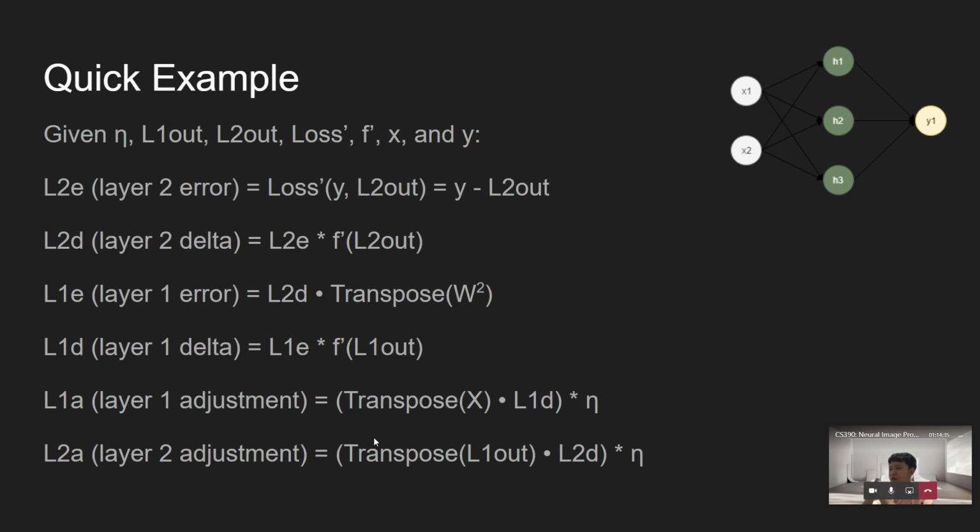Can you clarify what exactly the delta and adjustment mean, and why we are looking for them? Error, I understand, but delta and adjustment, I'm a little bit confused. Yeah. So you can think of the delta as just applying our derivative function to our activation, because we're just doing derivatives here basically.